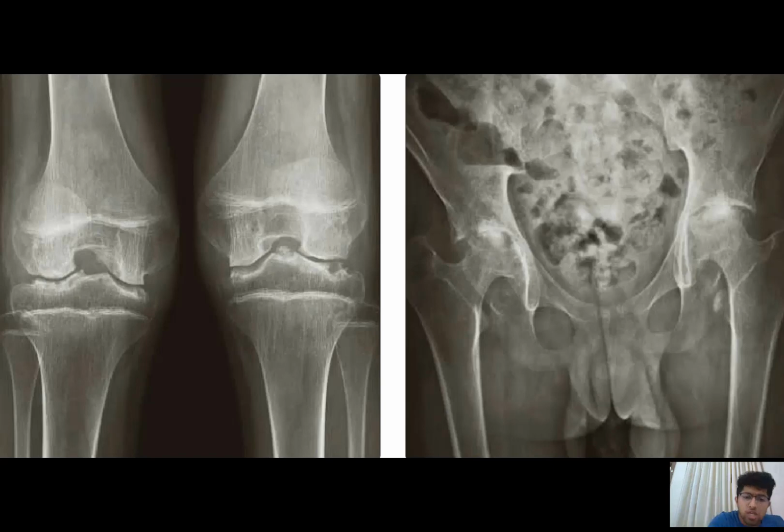Additionally, we can see there is a reduction in the joint space because of the destruction of the cartilage. Also, if you see carefully, there are subchondral erosions and cortical irregularities because of the damage caused. Also, if you see the hip joint in the same patient, there is again reduction in the joint space, subchondral irregularities, and also slight protrusio acetabuli.